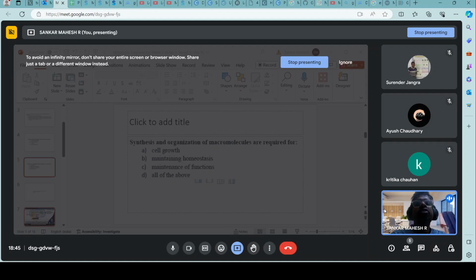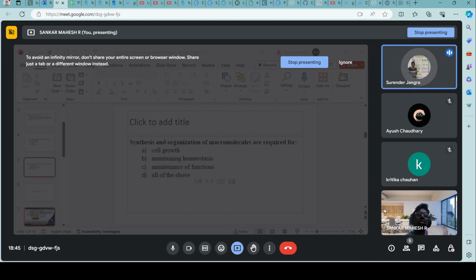Surinder, you can share your opinion on why macromolecules are required for maintaining homeostasis. Homeostasis means balancing, maintaining the cell's normal state in which it exists.